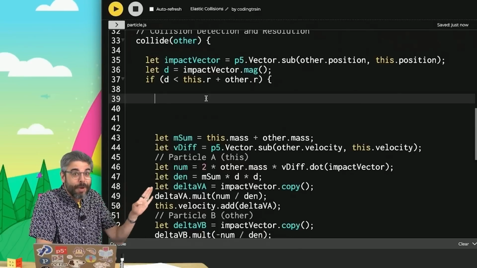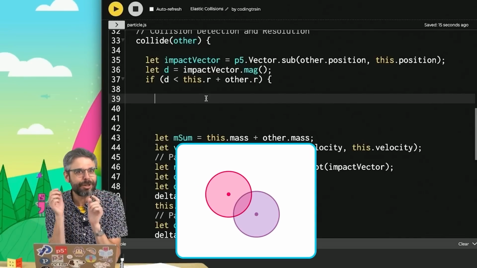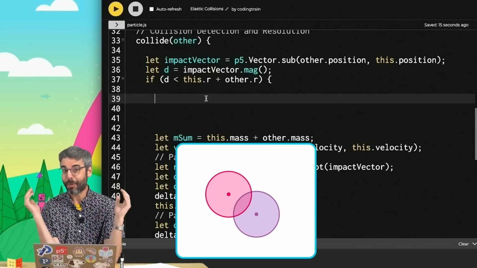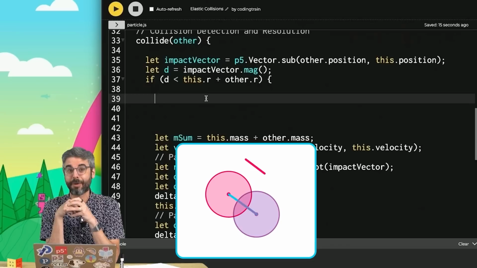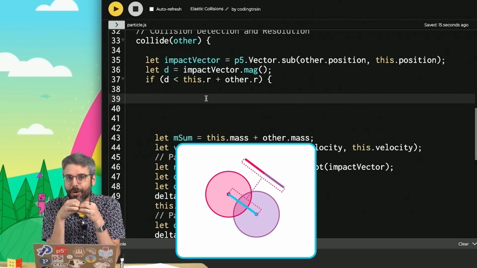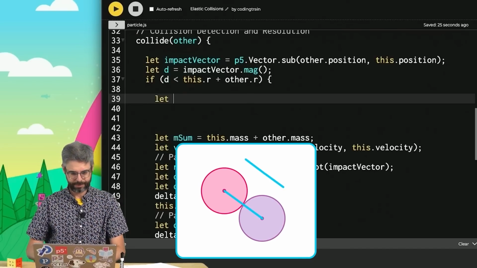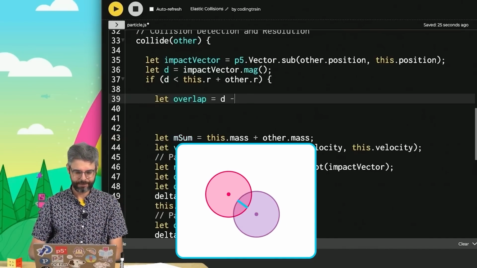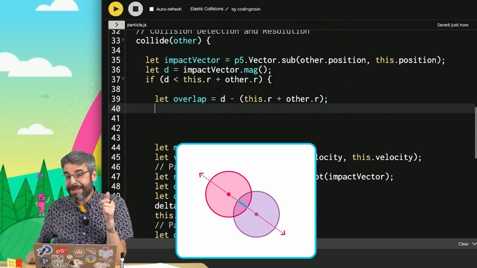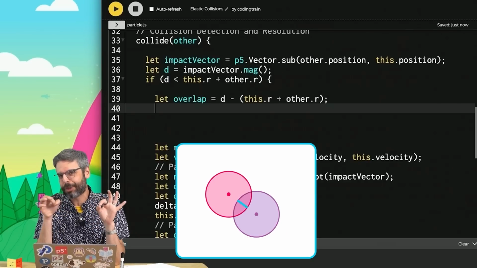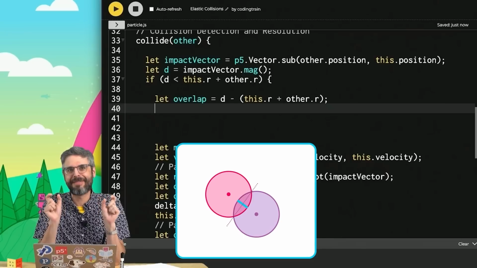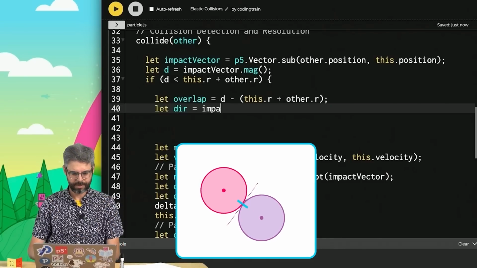This is something I can correct for right here. What I need to look at is what is the difference between that distance and the actual sum of the radii. In a perfect world of perfect elastic collisions, those two values would be equal. I'll call it overlap. Along that line of impact, I need to move each particle half of that difference.